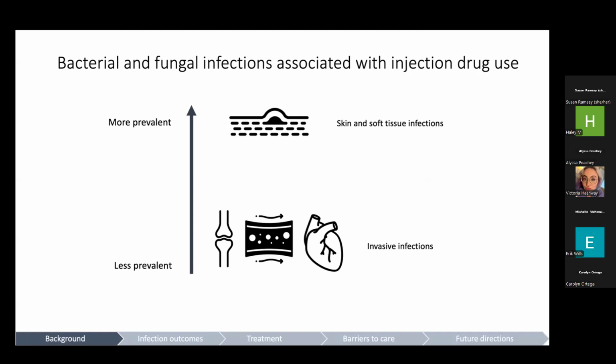However, the invasive infections are much more severe and require a lot more care for people who go on to develop these infections. While skin and soft tissue infections can be more minor and can resolve with minimal treatment, they can progress into more intensive and more severe infections as well. So there are a lot of different possibilities with some of these infections.